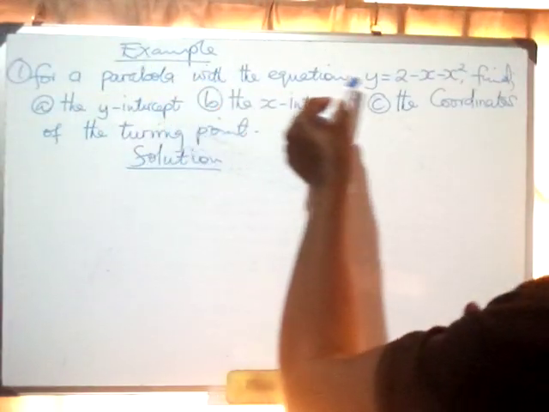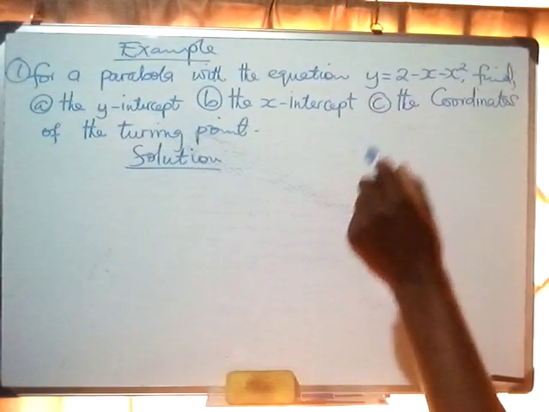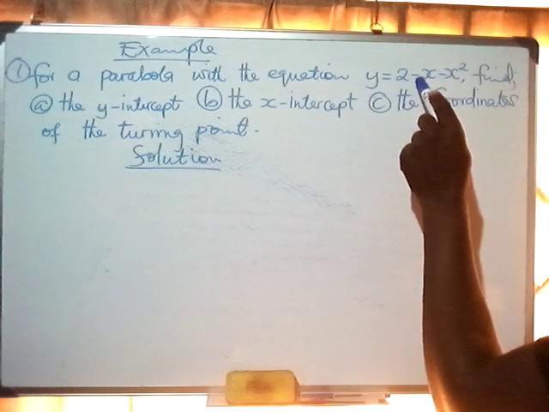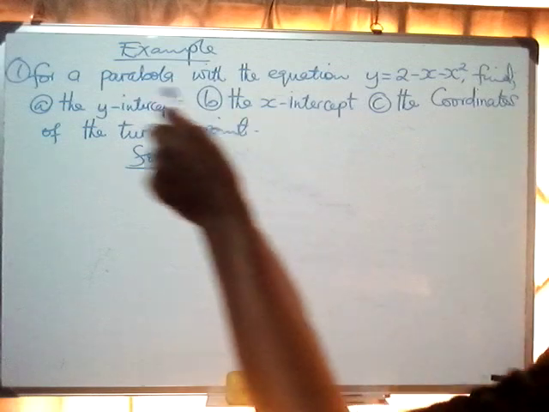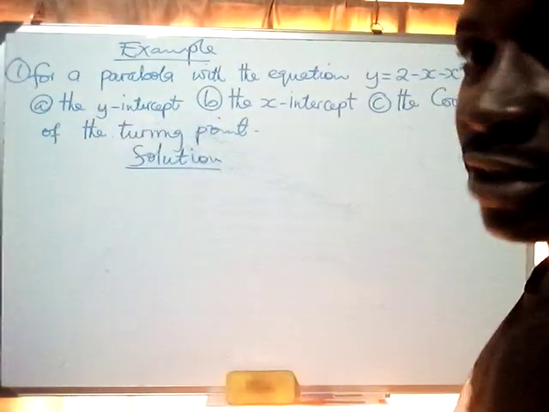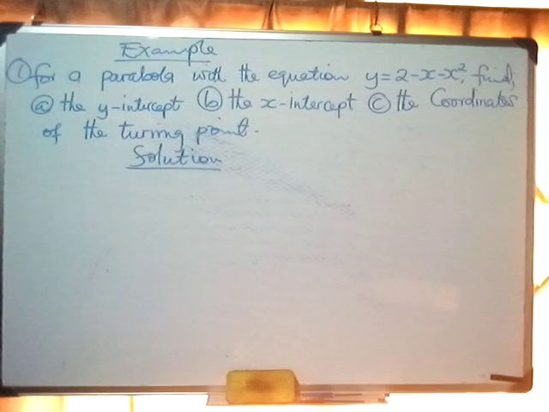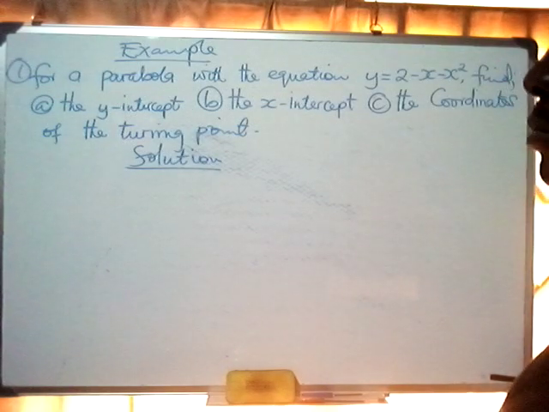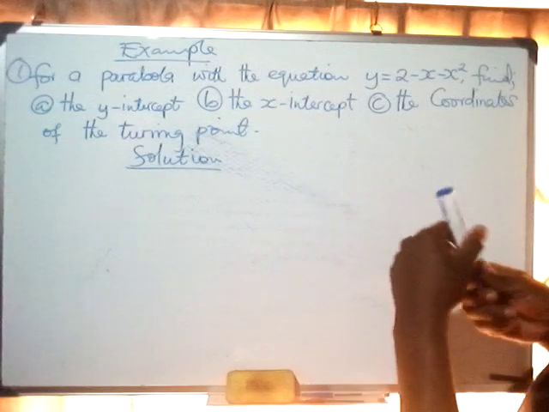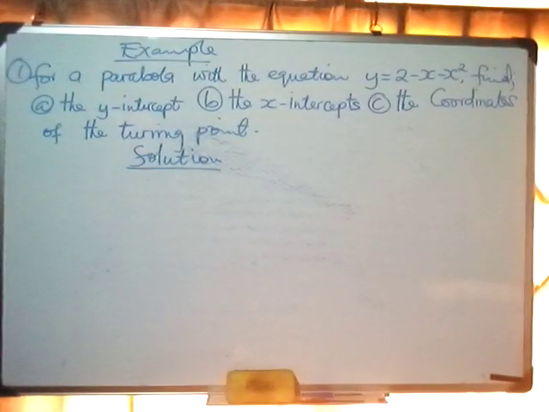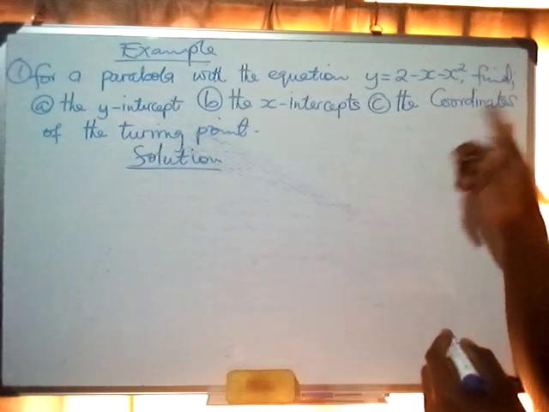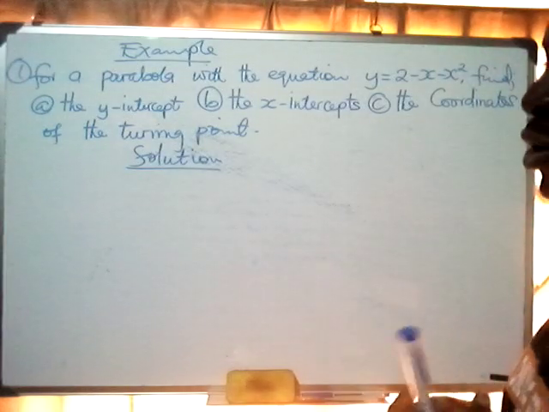So we have a question which says, for a parabola with the equation y is equal to 2 minus x squared, (a) find the y-intercept, (b) find the x-intercepts, and (c) find the coordinates of the turning point.